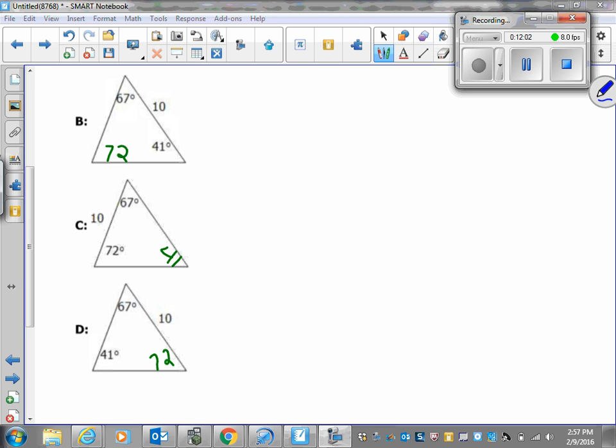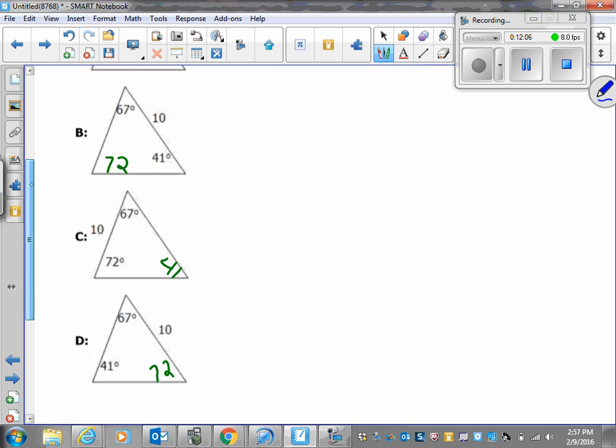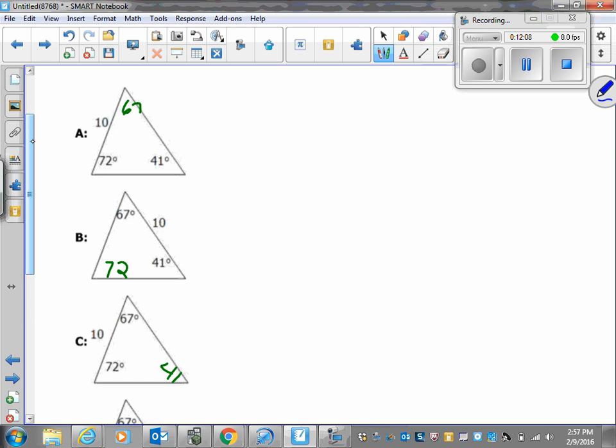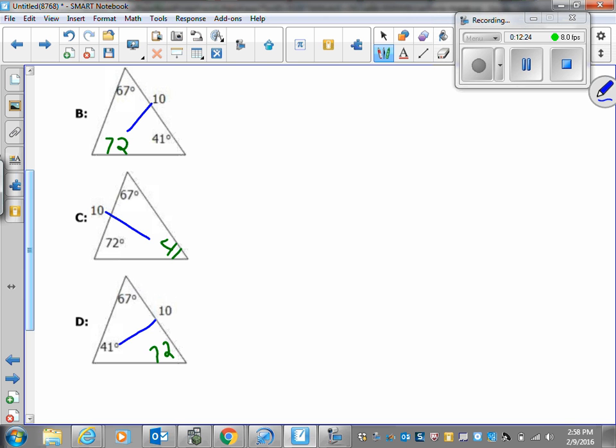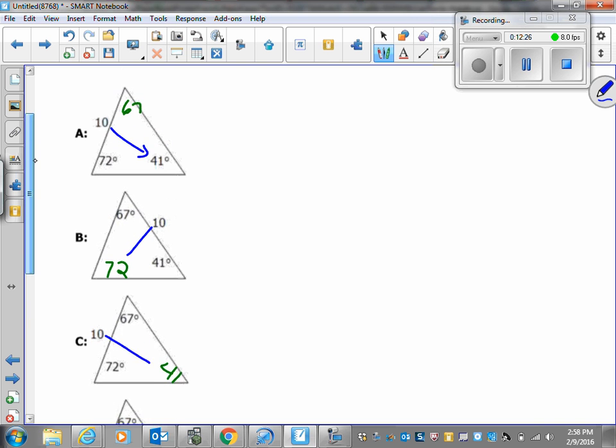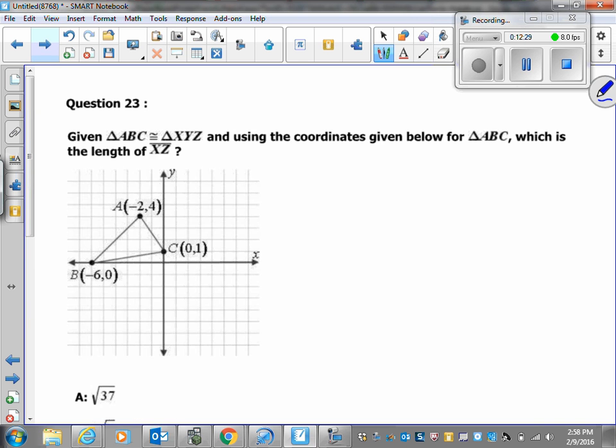Sorry about that. All right, so you can see where the 10 is located, between which two angles, or what it is opposite to. 10 is opposite to 72 here, 41 here, and 41 here. So you can clearly see one of them is different, and that's the one that's not going to be congruent.